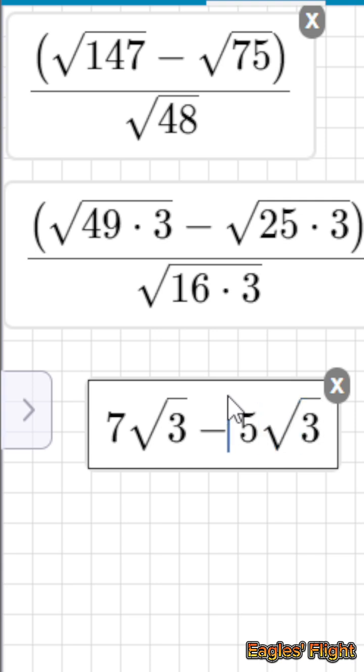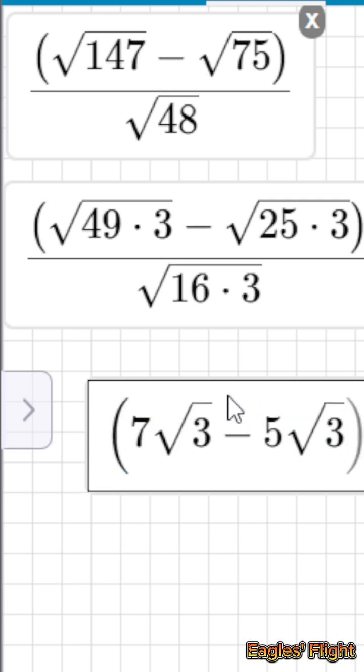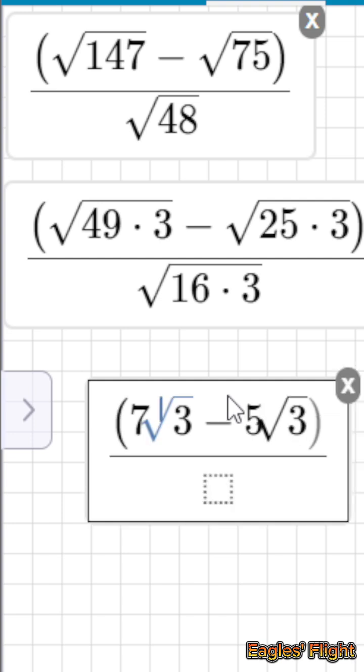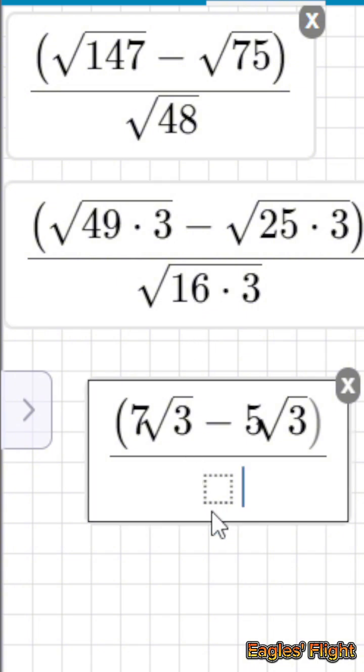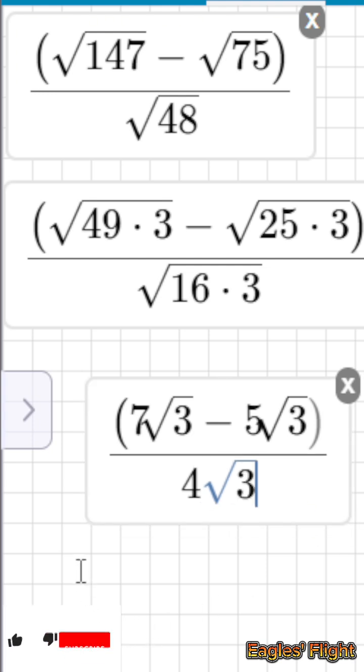Let's put those in a bracket, all divided by, what do we have for 16? Root 16 gives us 4. So this now becomes 4 root 3. So we have 7 root 3 minus 5 root 3, all divided by 4 root 3.